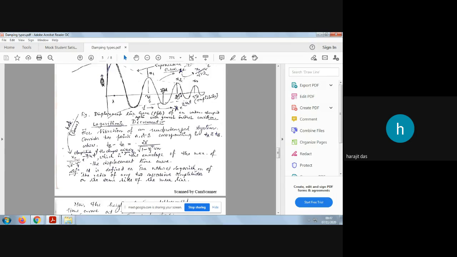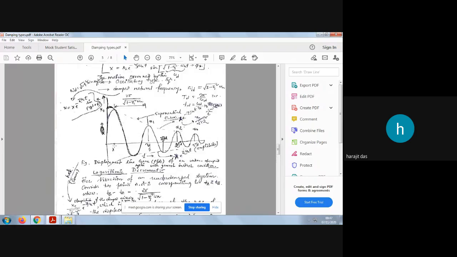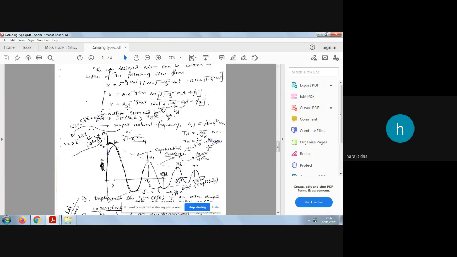Now the height of the displacement time curve at t equal to ta is the height of the envelope at the same time, that is xa. So at ta, what will be xa, meaning what will be the amplitude? How will you find the amplitude? By this expression.